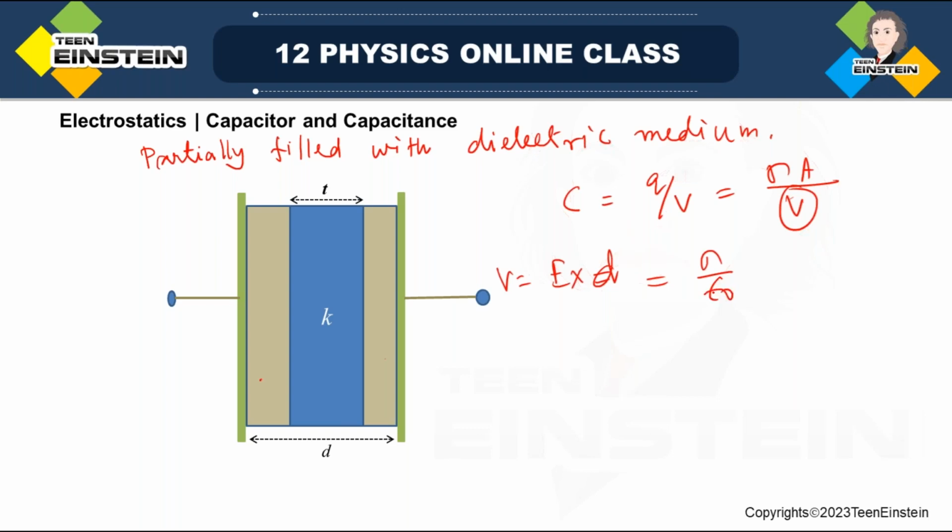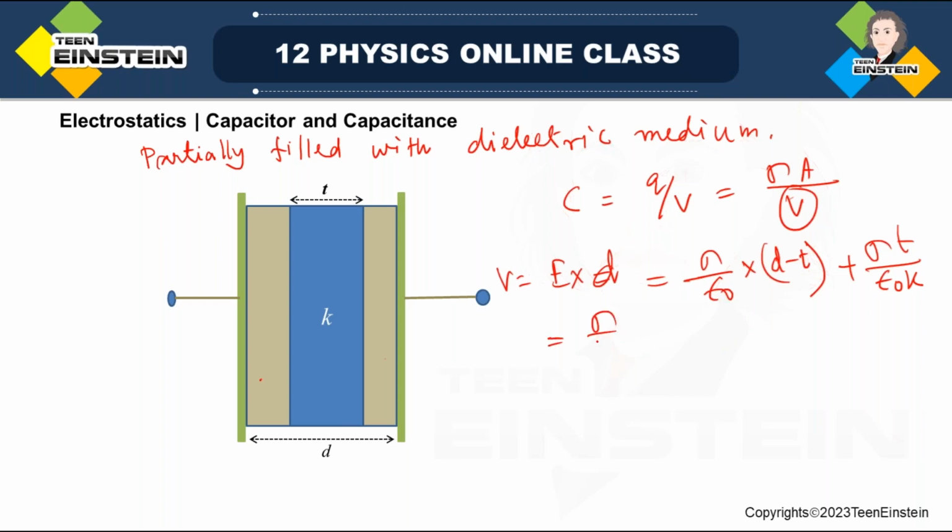Sigma by epsilon 0 for the part where it is air. Now the part in which the dielectric material is there, then sigma T divided by epsilon, that means epsilon 0 into K. This is the difference.